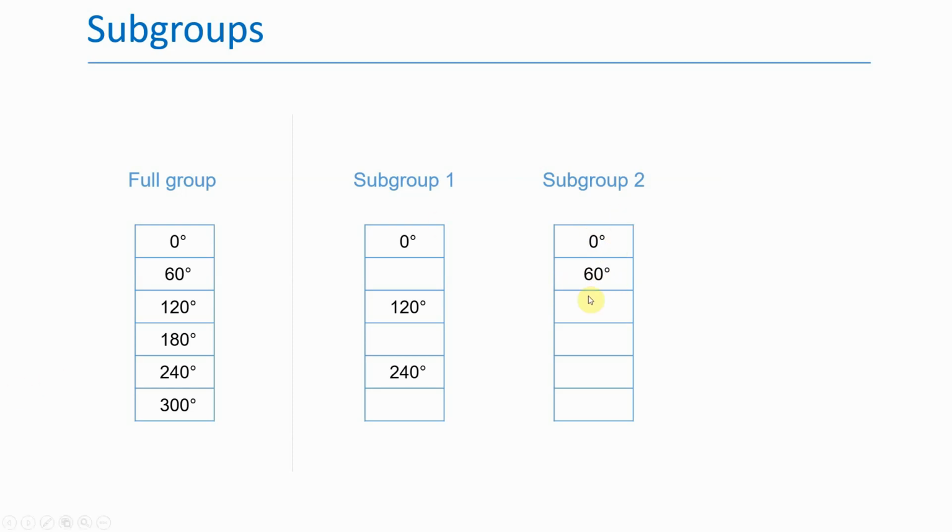Rather, we added a second degree of freedom, another generator. By the way, there also technically exist a few other subgroups which are not relevant to our discussion. 0 and 180 constitute a subgroup. Also, the full group is a subgroup of itself, and finally, the identity by itself is a subgroup.